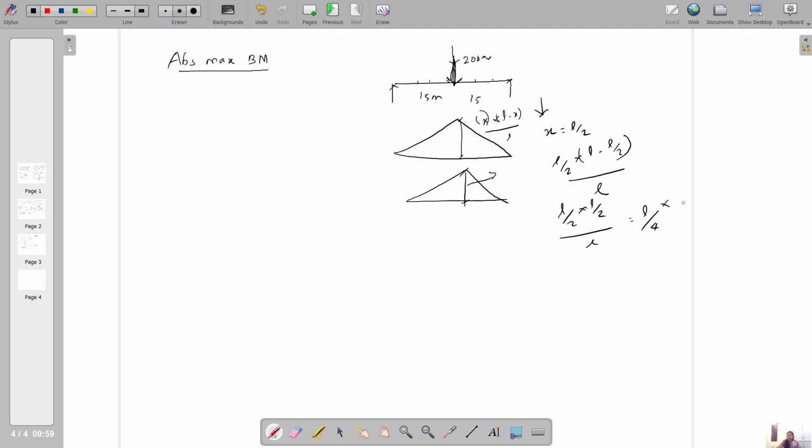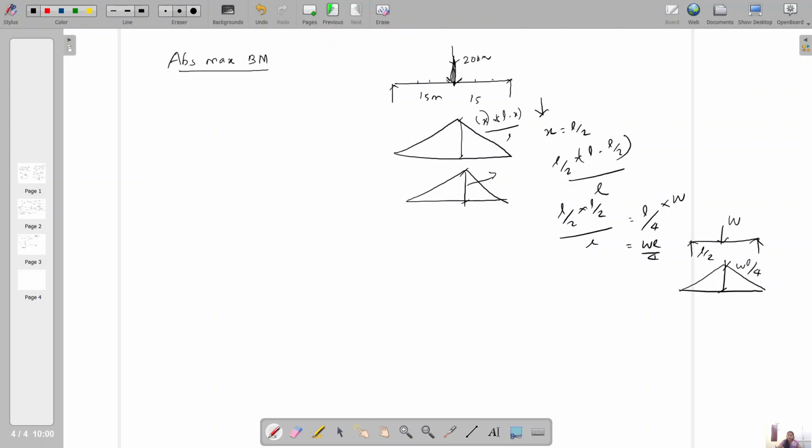If you multiply with the loading, it is equal to WL by 4. What is the case for this formula? That is a simply supported beam with the central point load, which will have the bending moment ordinate as WL by 4.